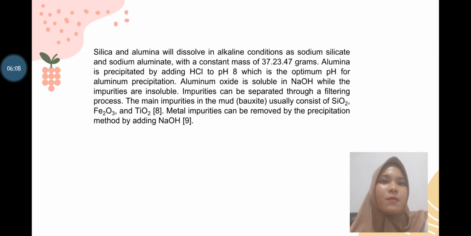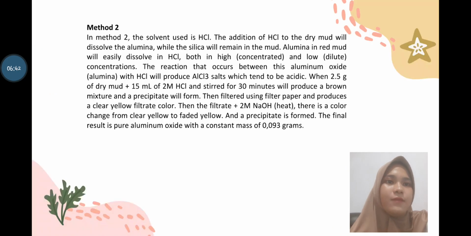Alumina is precipitated by adding HCl to pH 8, which is the optimum pH for alumina precipitation. Aluminium oxide is soluble in NaOH while the impurities are insoluble. Impurities can be separated through a filtering process. The main impurities in bauxite mud usually consist of silicon dioxide, ferric oxide, and titanium dioxide. Metal impurities can be removed by the precipitation method by adding NaOH.